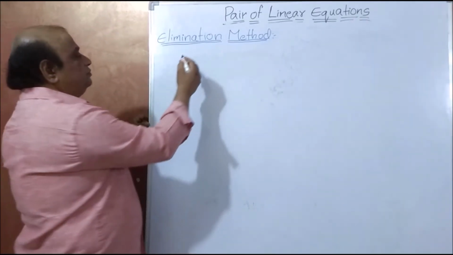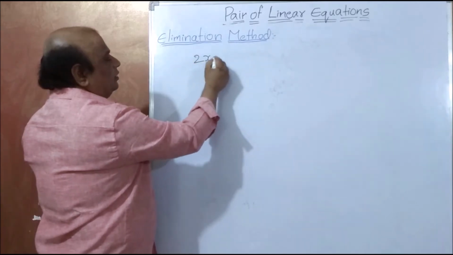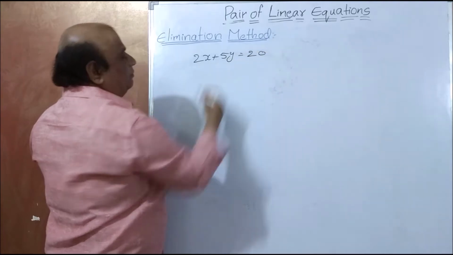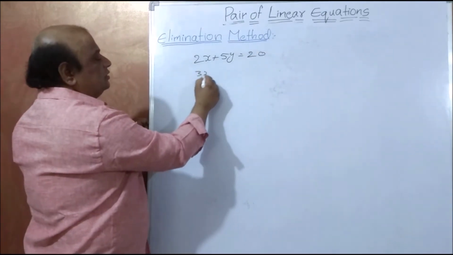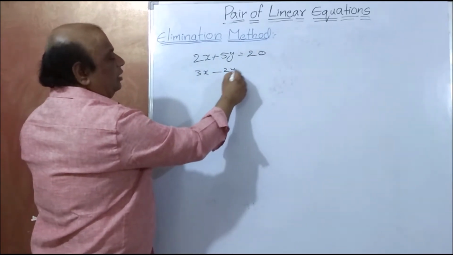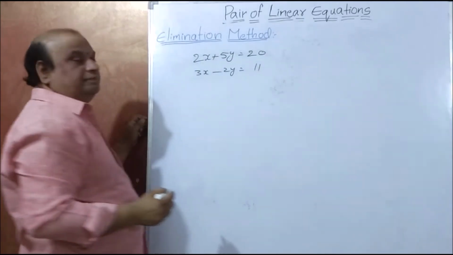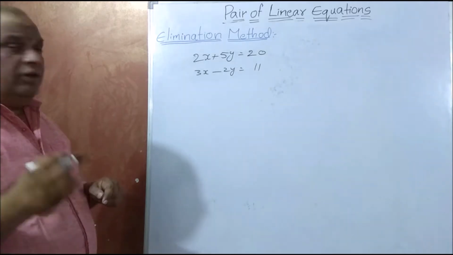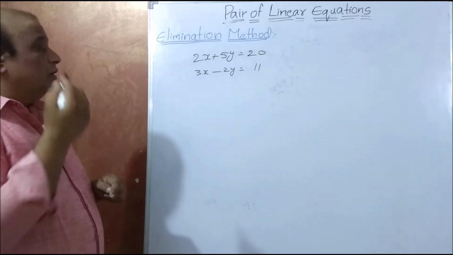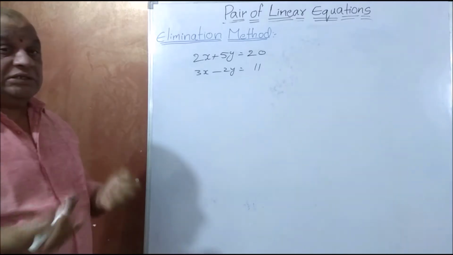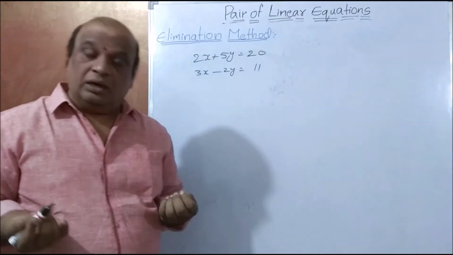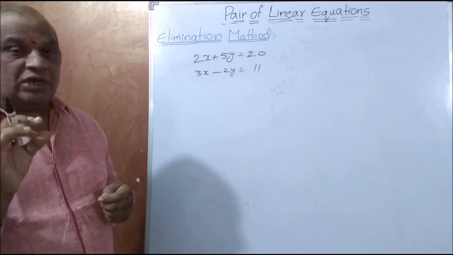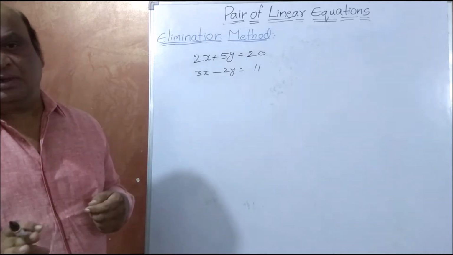For example, 2x plus 5y is equal to 20, 3x minus 2y is equal to 11. These are two equations. First, you have to check whether they are consistent equations or not, because consistent equations are having solution.